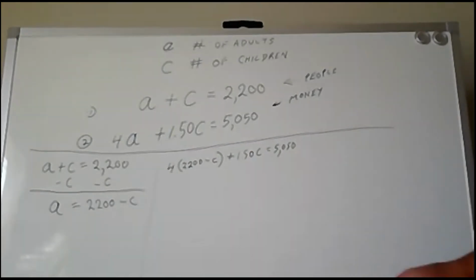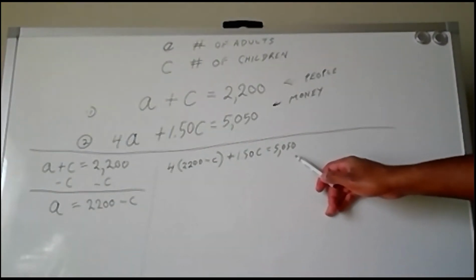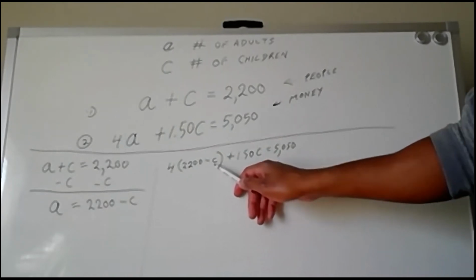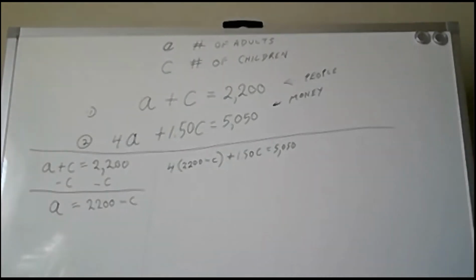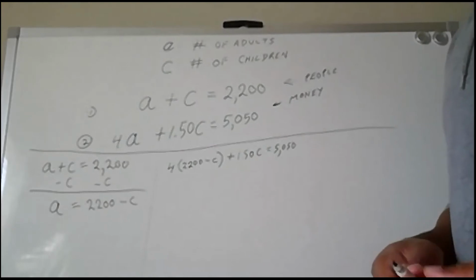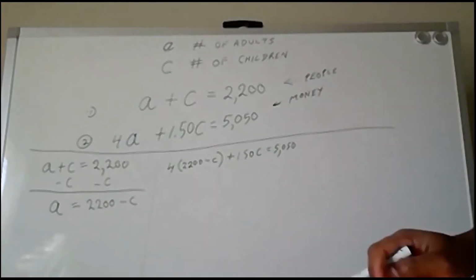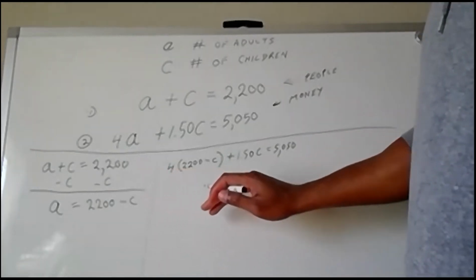Notice that now I only have one variable in here. Can you guess what variable that is? C. I only have C. There's no more A. So that allows me to solve for how many children there are. So let me go ahead and do that. I'm going to distribute this 4.